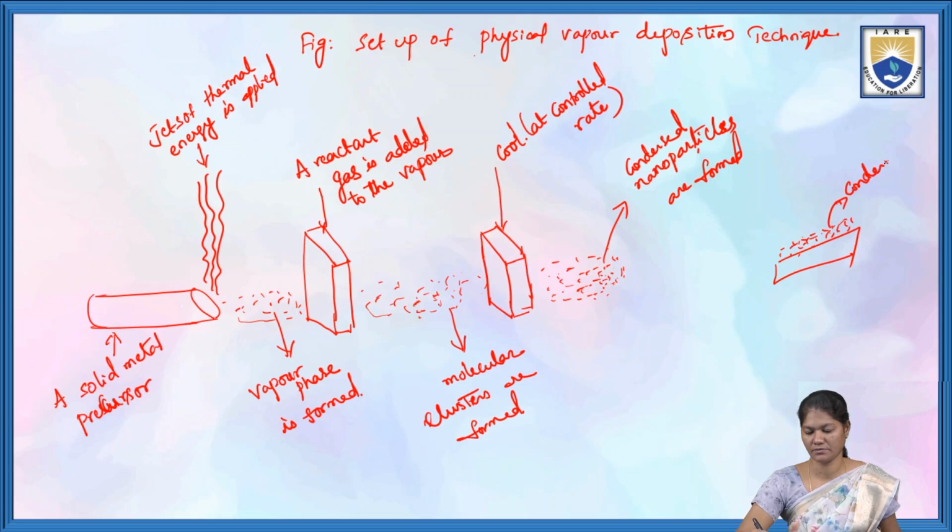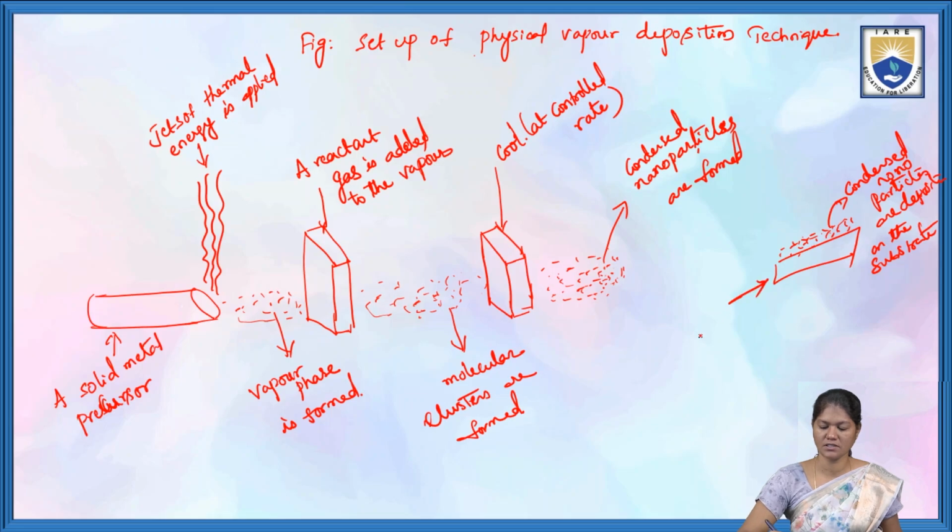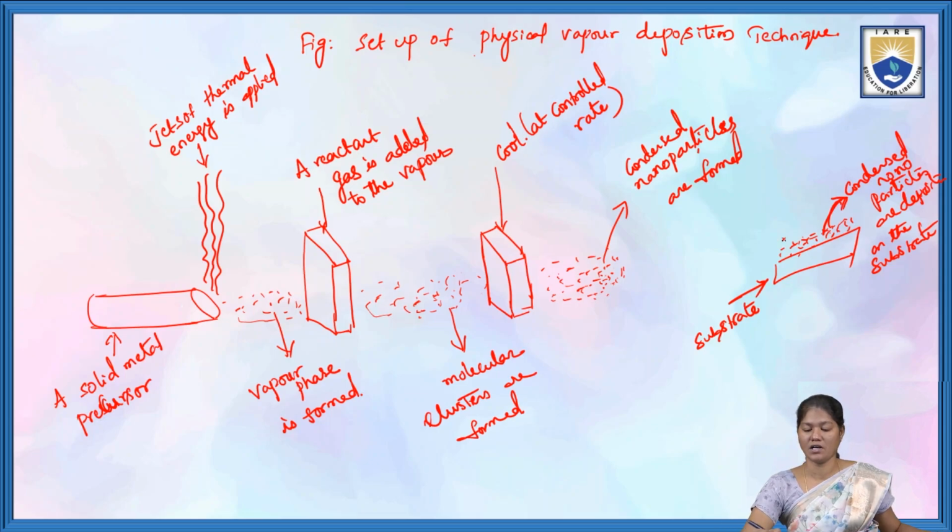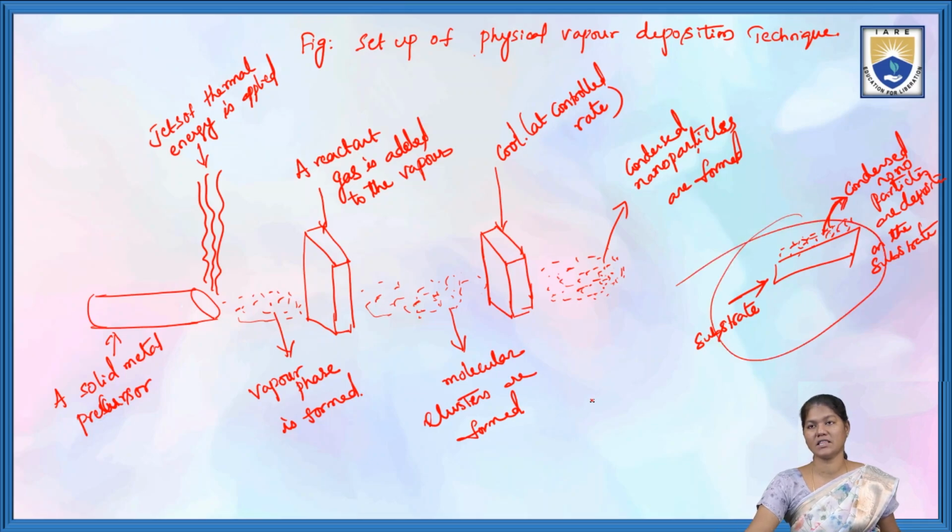So this is the substrate, and these are the condensed nanoparticles which are deposited on the substrate, so that we can make a dense thin film by using this physical vapor deposition technique.